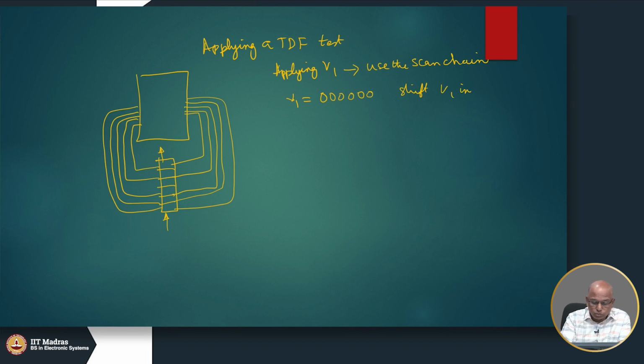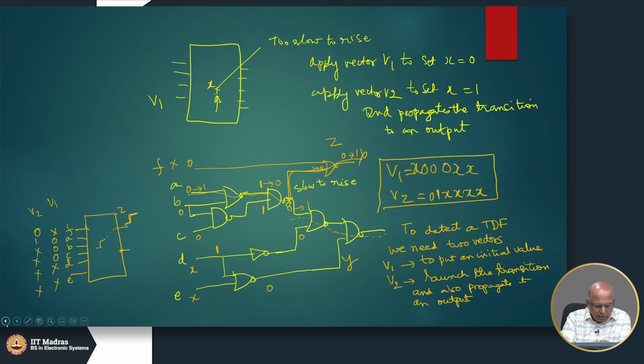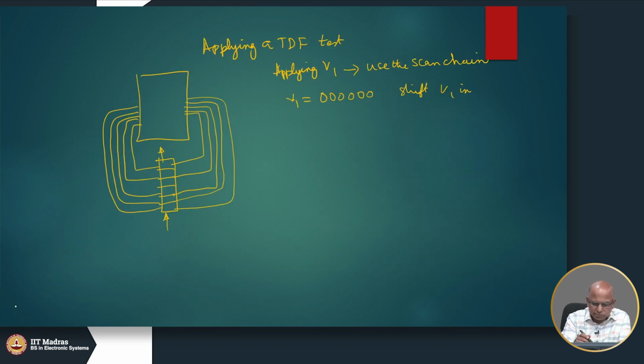Now what about V2? V2 demands that f should be 1. Okay, that f may be here. Now how do I get 1 there?